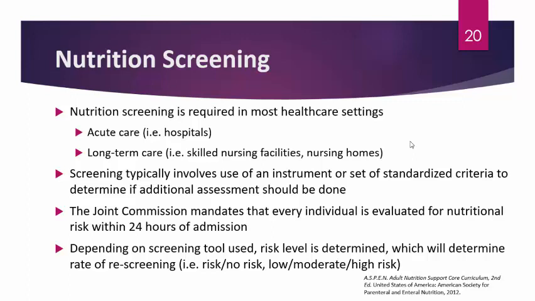And in terms of the different computer systems that are out there, such as Epic, Epic can flag certain parameters within a patient's chart to be nutritional risk flags for the patient, to where the dietitian may look at those patients more quickly than other patients who don't have those certain parameters.